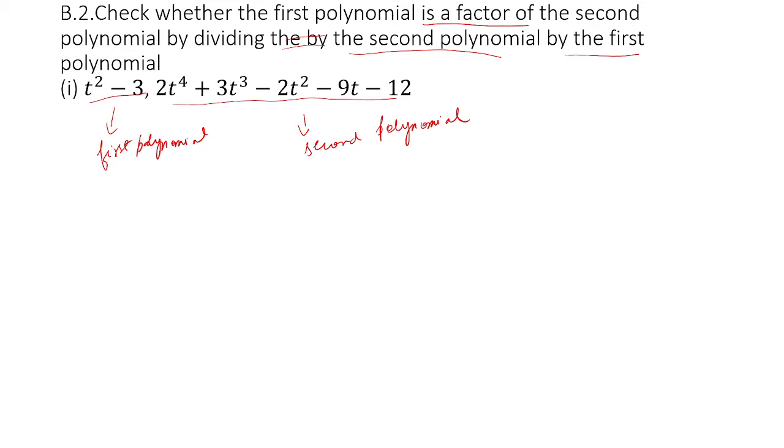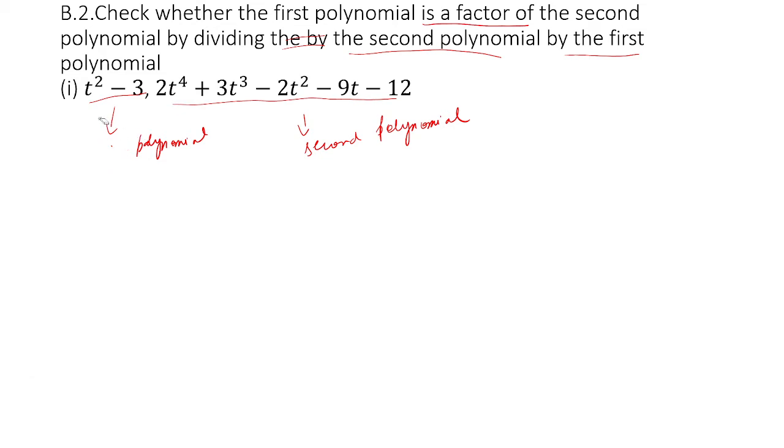In terms of division, we'll be talking only about division here because we're doing the division algorithm. One polynomial will be a factor of the second polynomial if the remainder is 0. Clear? Remember that.